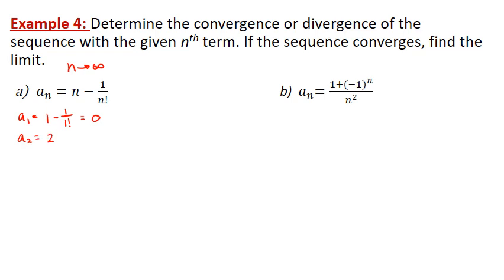The second term is 2 minus 1 over 2 factorial. 2 factorial is 2 times 1, so this is a half. 2 minus a half is 3 halves. The third term is 3 minus 1 over 3 factorial. So this is 3 minus a sixth, so on and so forth.